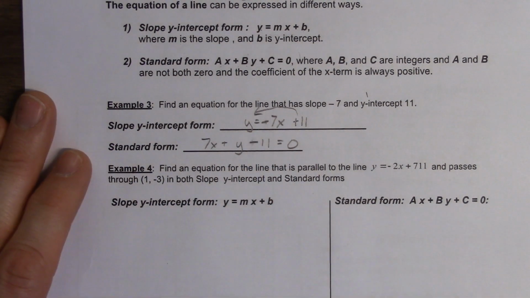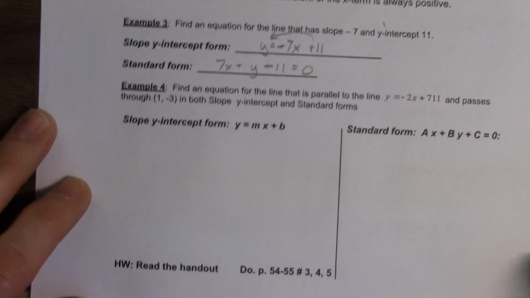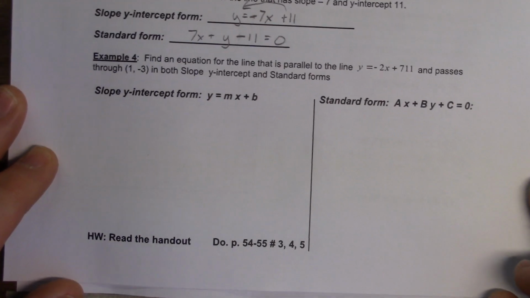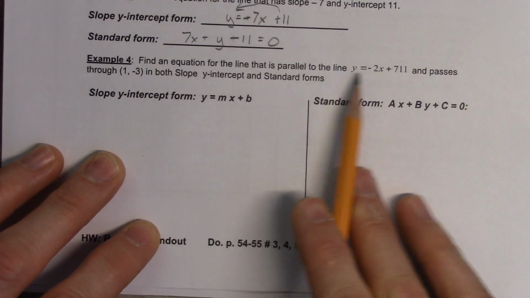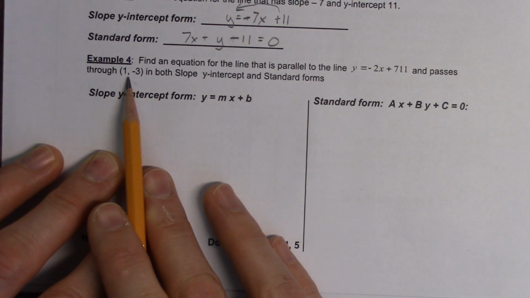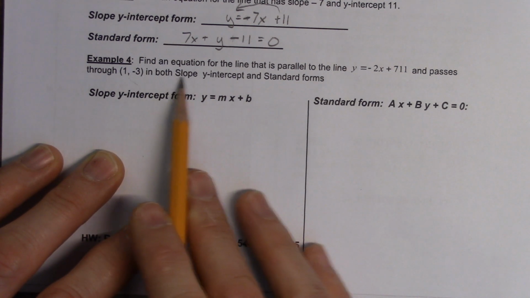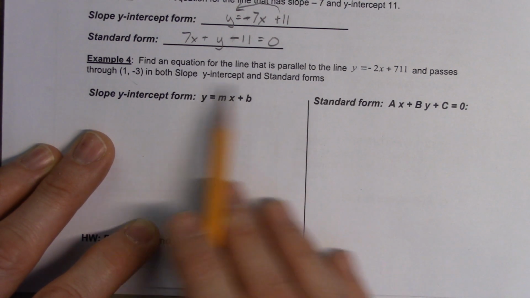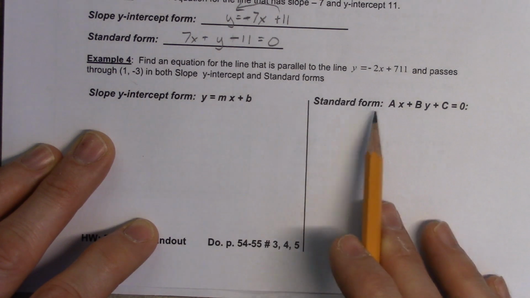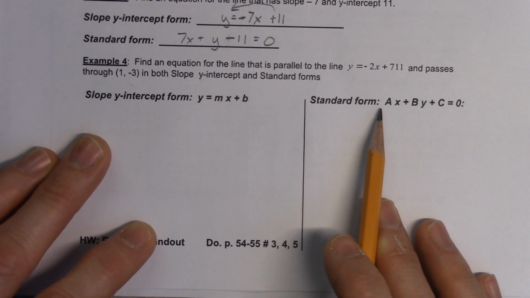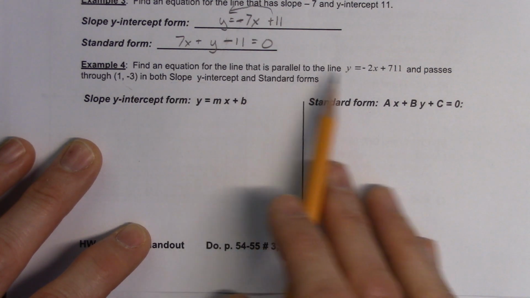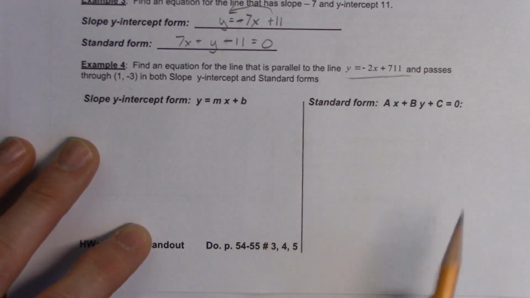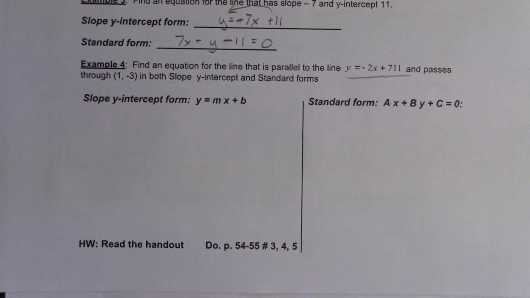Okay. All right. Example 4. Find an equation for the line that is parallel to this line and passes through this point in both slope y-intercept and standard form. So we're going to find it first in slope y-intercept and then in standard form, which makes sense because we can just rearrange this. So what does that tell us if we know a line is parallel to this line? When two lines are parallel, Jafet?